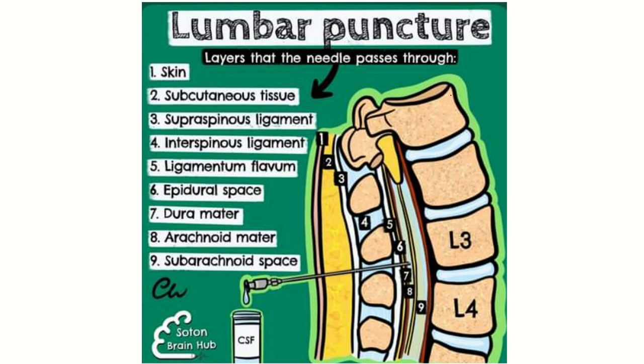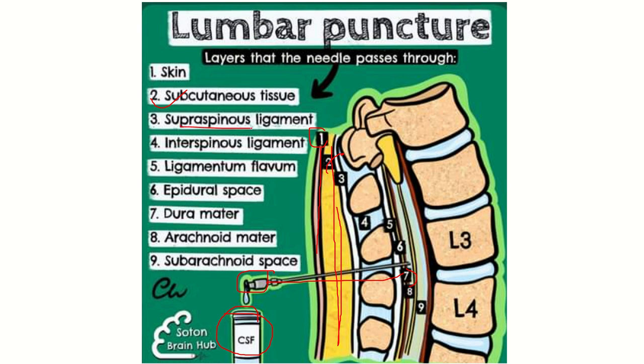So this is another picture, and here we can see this is a CSF pot, where the CSF is collected, and this is the spinal needle, and it passes through the following structures. First of all, the first layer is the skin, then the second layer is the subcutaneous tissue, this fatty area. Here we can see the yellow, that means it is the fat.